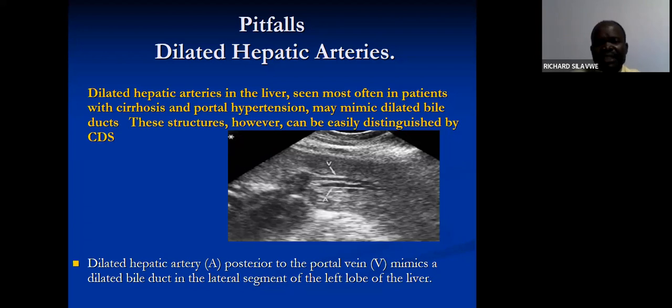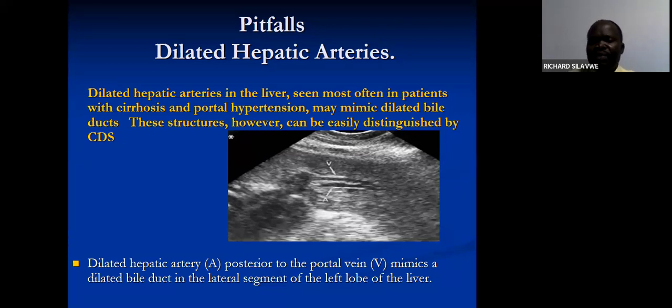But I must emphasize one point here. You should be very conversant with the use of color Doppler in terms of settings, because if you have not set the parameters properly, you may not be able to see color, and then you may conclude that it is intrahepatic dilatation when it is not.